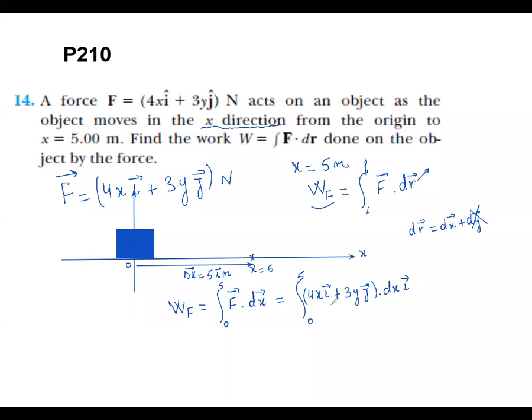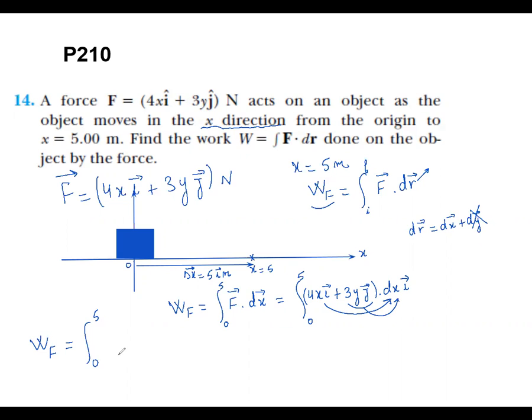You have the integral from 0 to 5 of 4xi times this term, and this one times the same term.